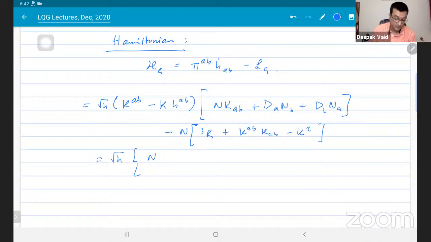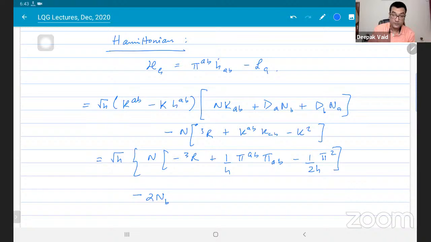You get N times, so you get a contribution from the 3-metric here, minus 3R. And then we have something which looks like this, 1 by root h, pi^AB, pi_AB, and then minus 1 by 2 h pi squared. So this is the term which is proportional to the lapse function.